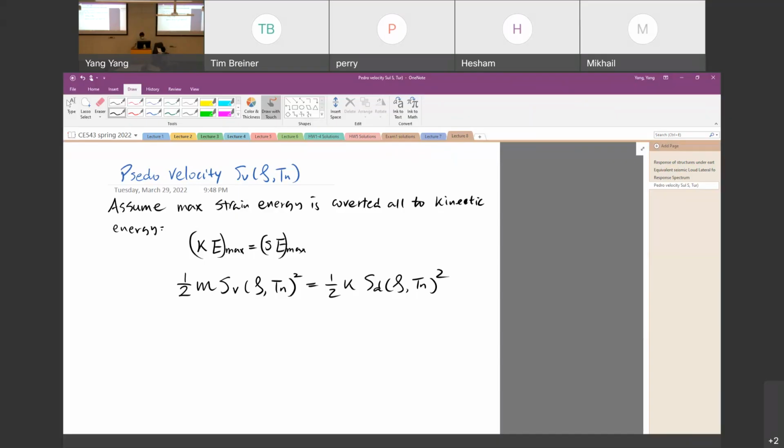So this is the reason why it's pseudo: in reality, the conversion between the strain energy and the kinetic energy is not always equal. It's not always, because there are some dampings. Right?